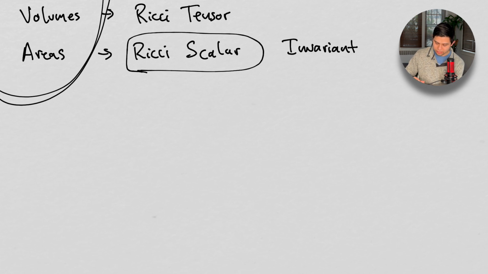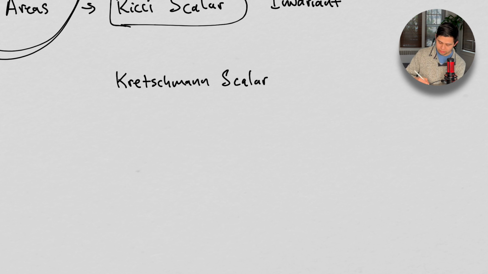So I mentioned the Riemann scalar. Let's see if I can spell this right. I think it's Kretschmann scalar. And then there's going to be the Euler scalar. There's also going to be the Chern scalar. I can't remember the second name there, but I'll just call it the Chern scalar for right now.